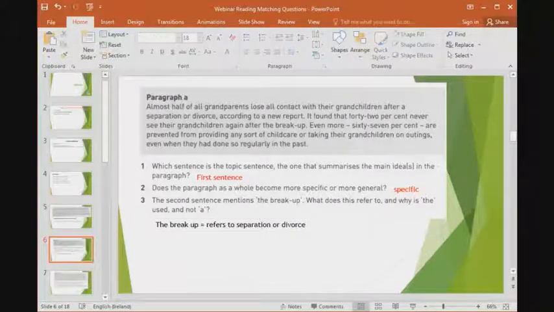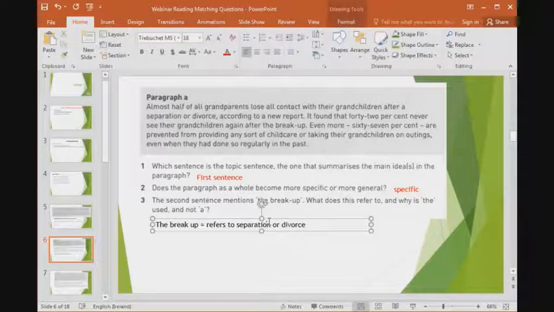Yeah. So here in this sentence, after the grandchildren after a separation or divorce. So specifically, it's referring back to this sentence, okay? So it refers back to this sentence, and then we use the instead of a because it's not new information.